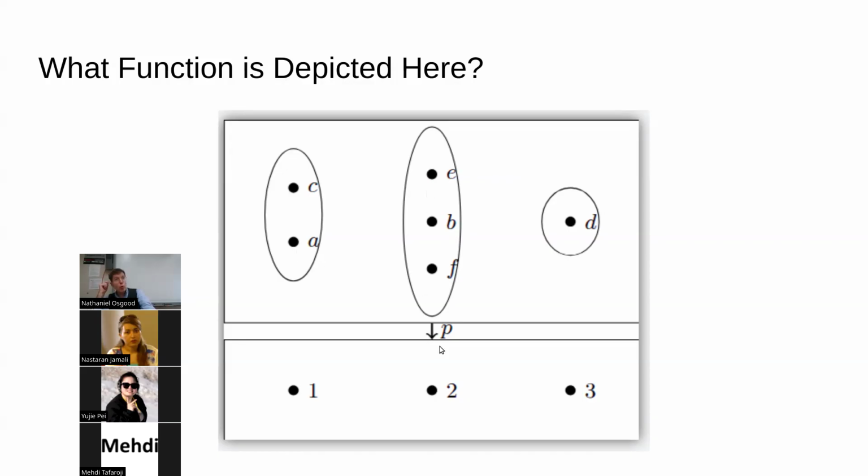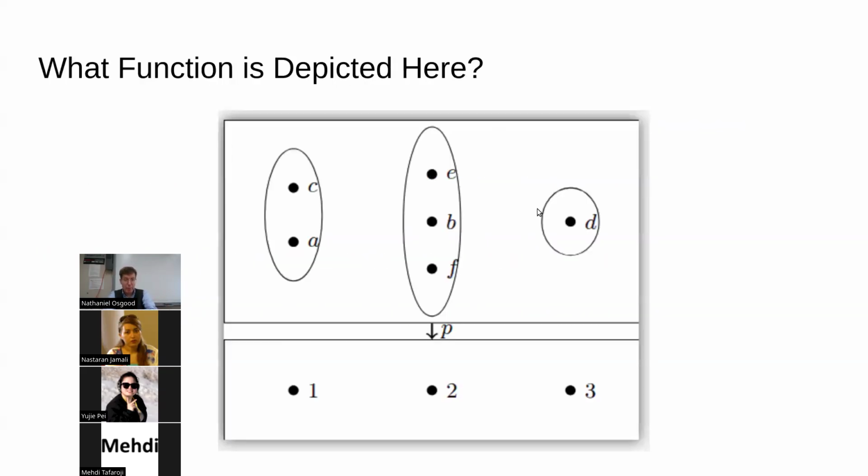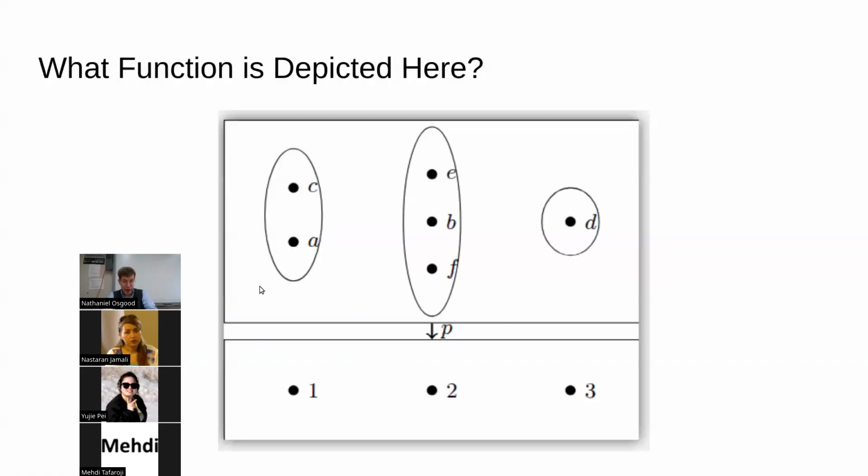It picks one for each, but it does that in a way that has a sensible property. The way that's stated is, it's a map from this to this, such that if we perform that map and then we map back down, we get identity.